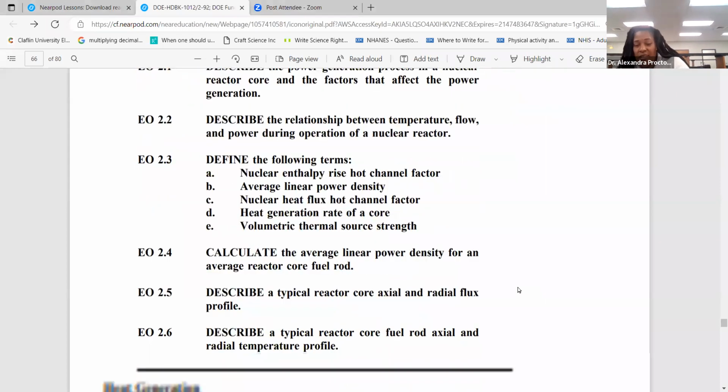Then, of course, calculate the average linear power density for an average reactor core fuel rod. Describe a typical reactor core axial and radial flux profile, and then describe a typical reactor core fuel rod axial and radial temperature profile.